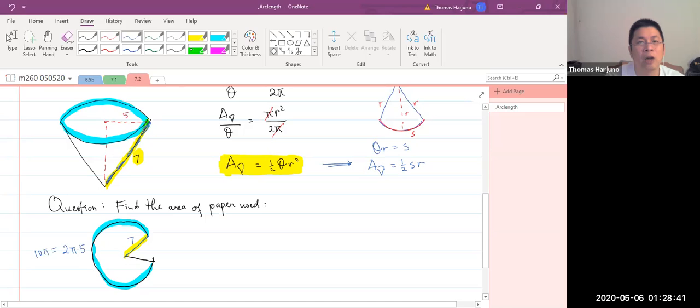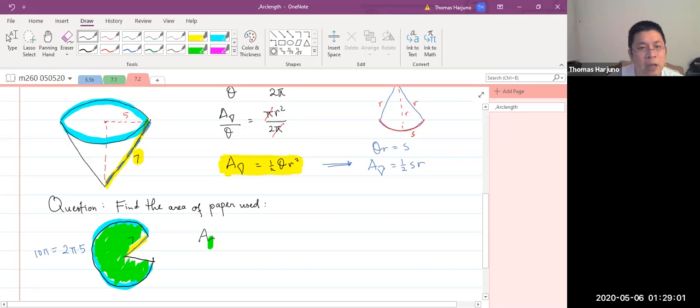Now then, how about the area of this sector? This is a sector, if you think about it, right? That's a sector. What is the area of that sector?